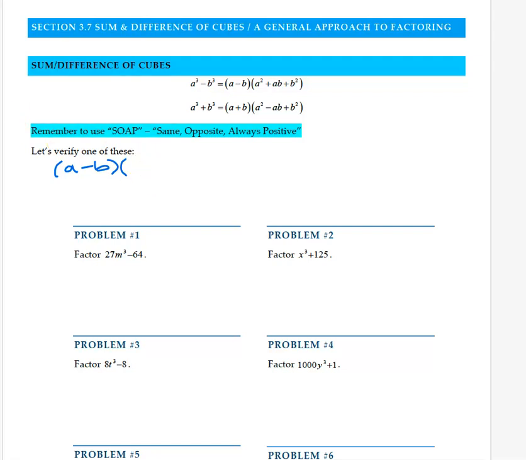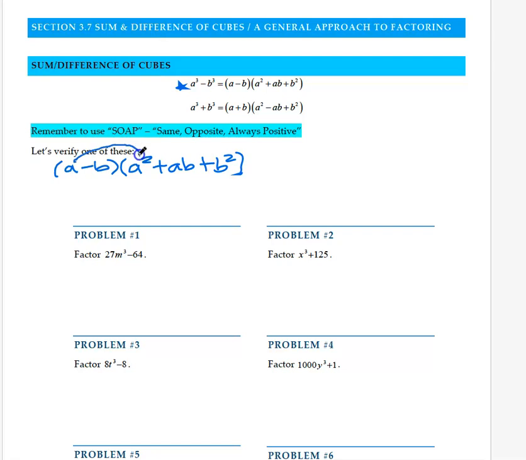Okay, so let's verify one of these. I'm going to multiply these out and show you what happens, because it looks like, how in the world would this be the factored form? So let's do this.